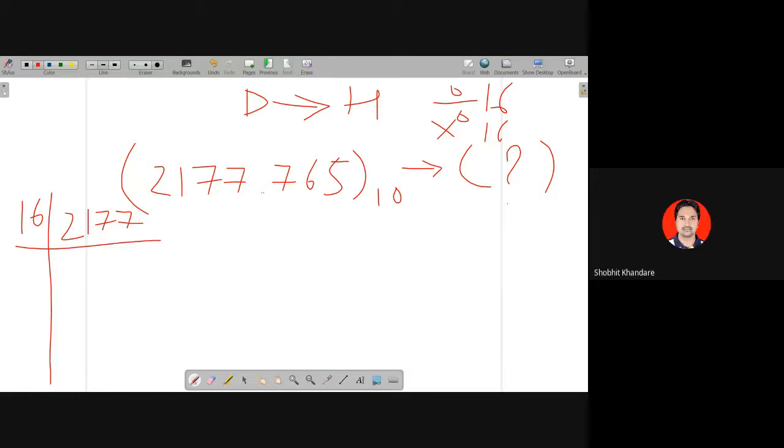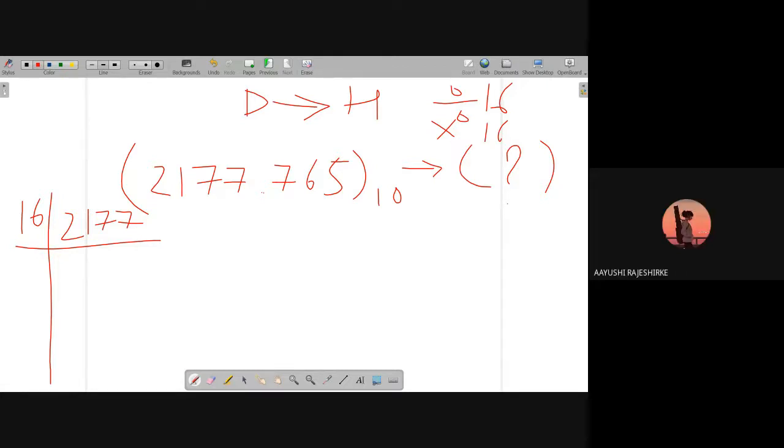Okay. बताओ, 2177 को मुझे डिवाइड करना है 16 से, तो डिवाइड जब करूंगा तो क्वोशिएंट क्या आएगा और रिमाइंडर क्या आएगा. फाइनल आंसर नहीं चाहिए मुझे. ये 2177 को डिवाइड करो और मुझे बताओ कि क्वोशिएंट क्या आएगा और रिमाइंडर क्या आएगा.